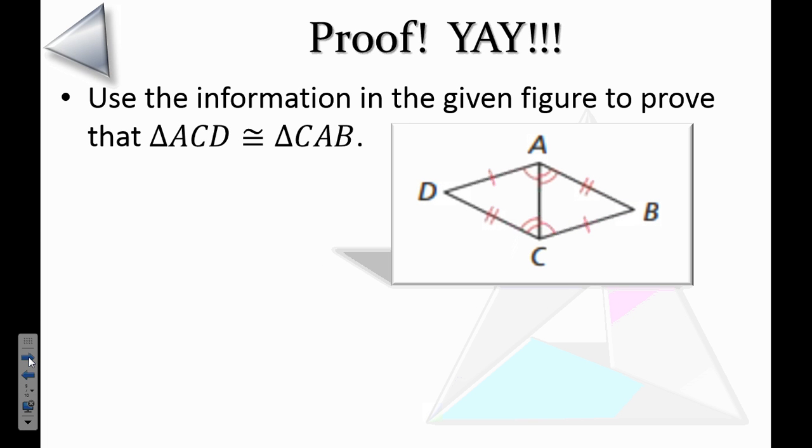Okay, so if we had this figure with these marks, could we prove triangle ACD congruent to CAB? Yes, Brandon says yes. I agree with him, but let's explain why.